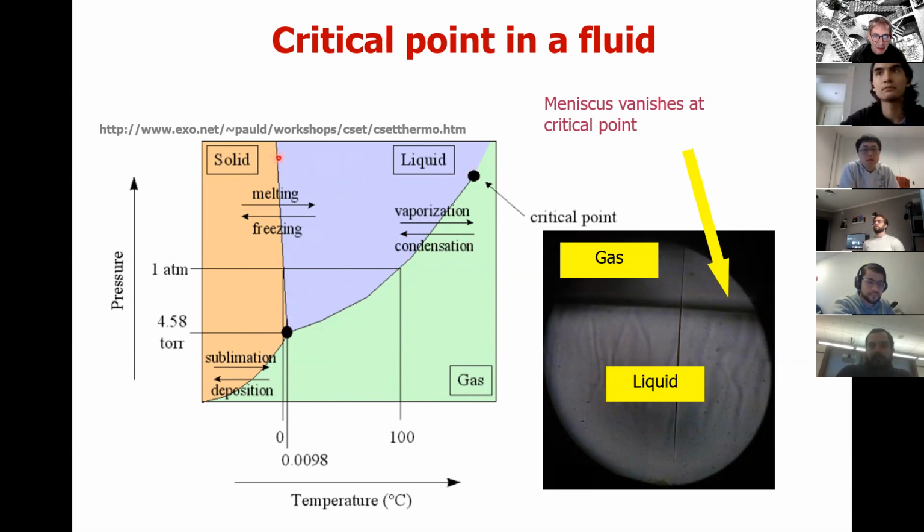This line here between solids and liquids is a first order transition. So there's entropy generation and latent heat at that transition. This transition between liquid and gas is a first order transition as well, but the order parameter for this transition is the density difference between the liquid, which is more dense, and the gas, which is less dense.